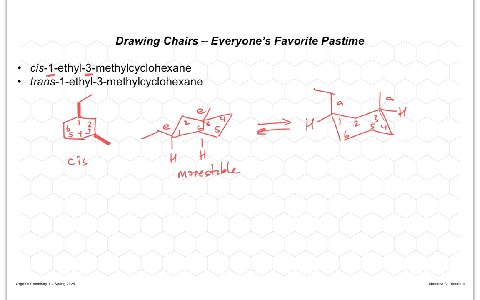So in general, you want as many substituents equatorial as you can get. So we can use some logic to say that for the trans one, they're both going to have one substituent axial and one equatorial, because we already know that looking at the cis conformer, we have to flip one of them.